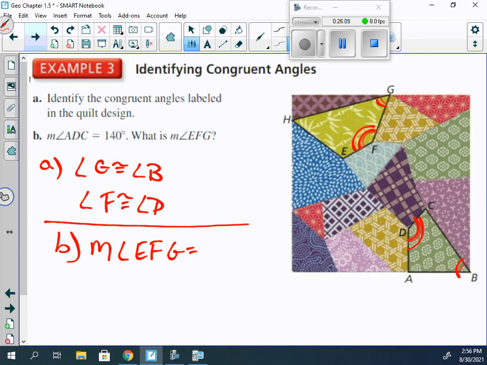So EFG would be what? 140, because EFG and ADC are congruent to each other. So they'll have the same angle measure. Any questions on this here? Okay.